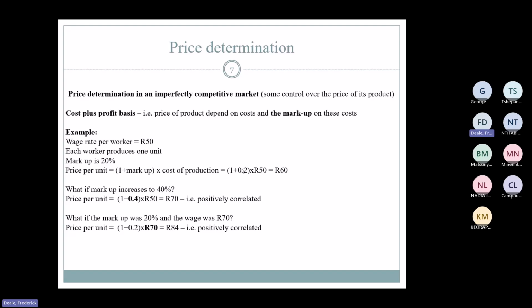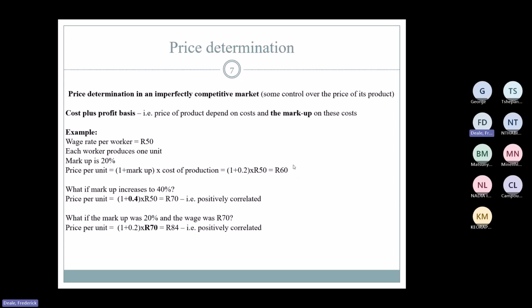It means exactly the same thing. So the price per unit is 1 plus markup times cost of production. So 1 plus 0.2, which is my 20%, times 50 Rand, the wage I pay for the worker.